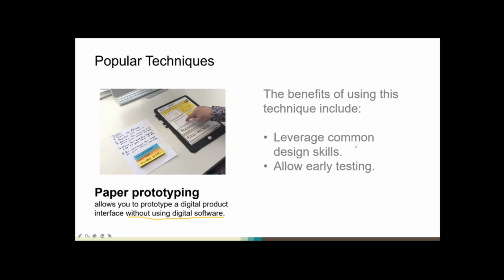And also, it allows early testing. Testing the prototypes early lets product teams find big picture problems. And also, this may support rapid experimentation. So different user interface elements can be drawn, cut out, copied to make extras, and then assembled on a new piece of paper.